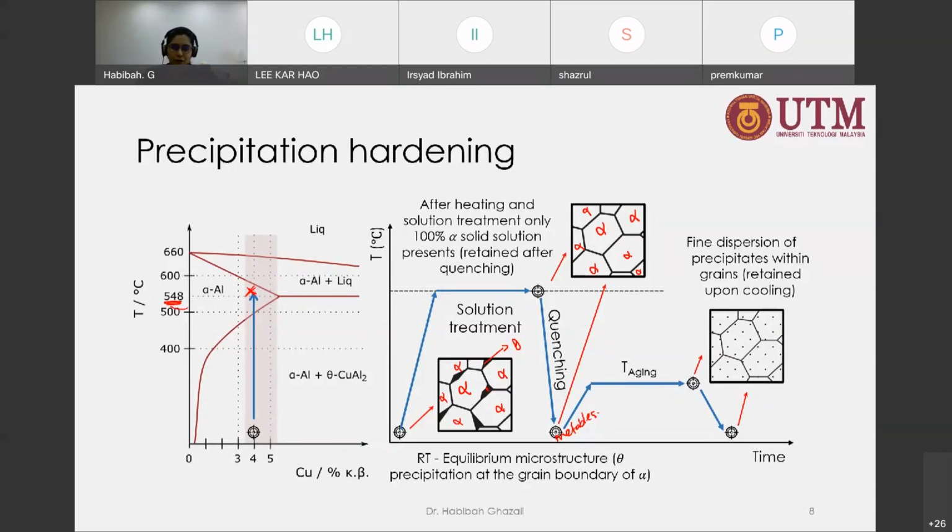So when he quenched it from a higher temperature to room temperature, he found out that the strength improved, but the hardness did not improve. So the material was actually still soft. So he became really frustrated.